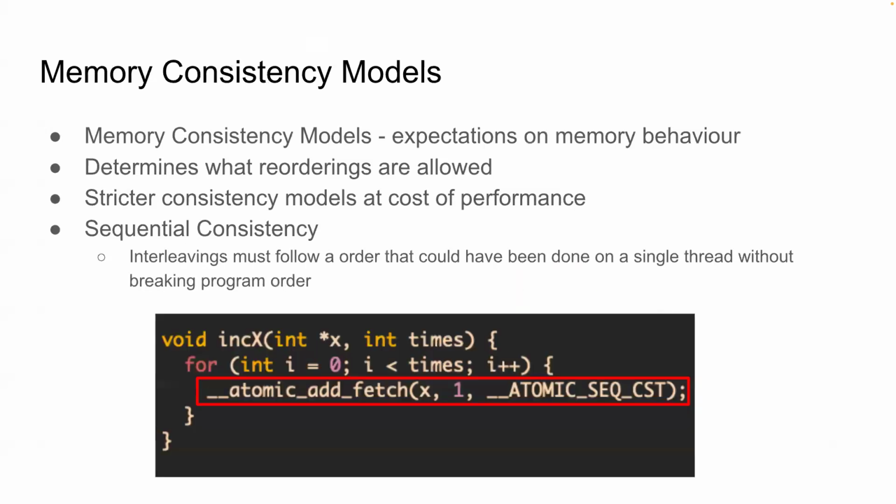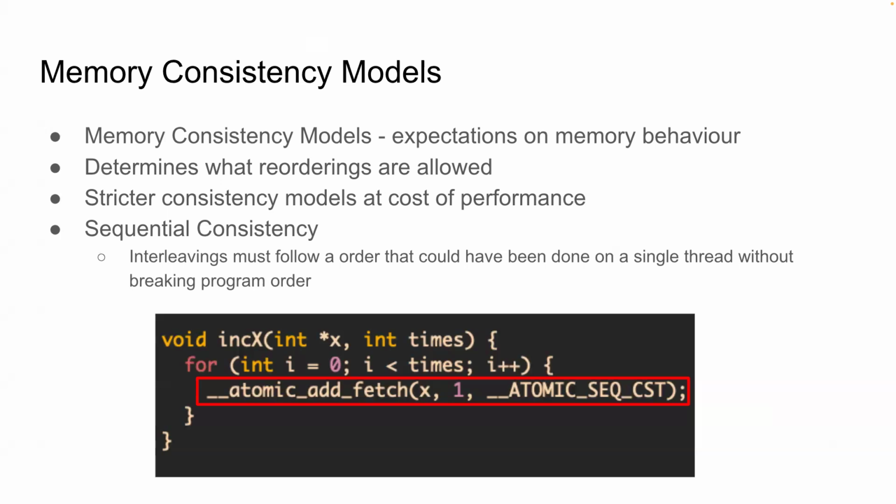There's an entire field of study called memory consistency models. What you want as a programmer is some assurance that some orderings are allowed or not allowed. One of the strongest assumptions is sequential consistency, which says you do all your interleavings possible, but I don't want any output which does this read write overlap.